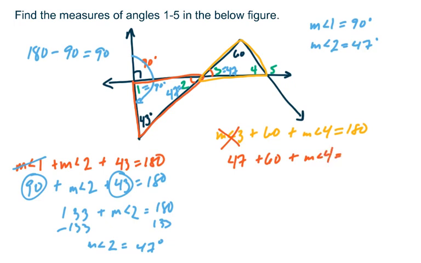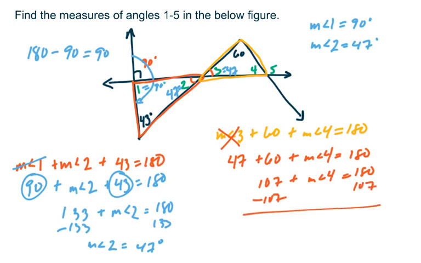So here I am solving another equation. 60 and 47 gives me 107. I'm going to subtract that 107 from both sides. And the measure of angle 4 is going to be 73 degrees. Oh, I forgot to put 3 on here.